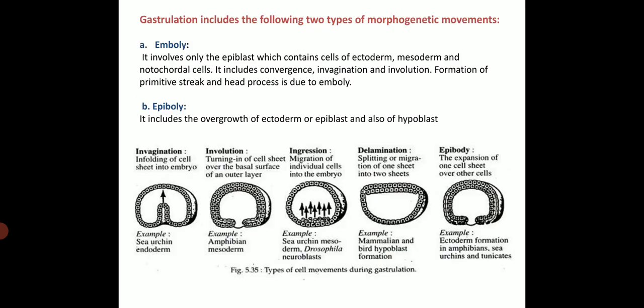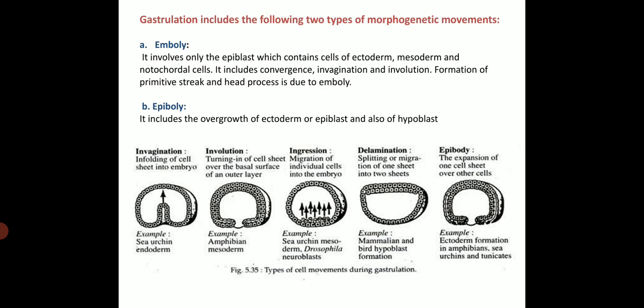Before going to the process of gastrulation, there are two types of morphogenetic movements, nothing but the cell movements. That is emboly and epiboly. Emboly involves only the epiblast.